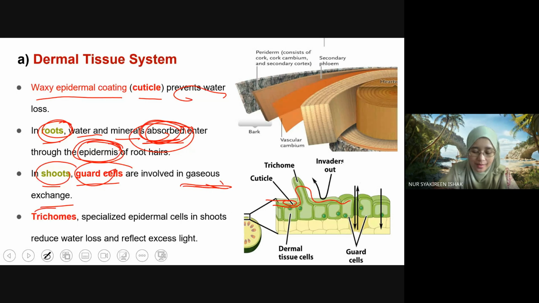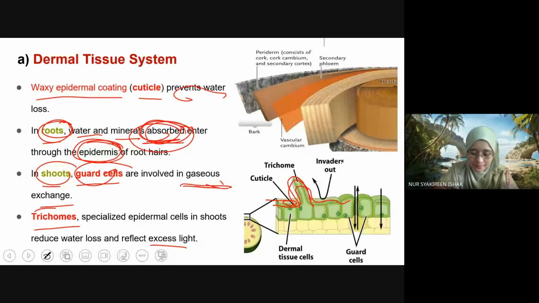Okay, and then trichomes, specialized epidermal cells in shoots, reduce water loss and reflect excessive light. So this is trichomes, kan. Dia macam modified shoots lah. So this is to reduce water loss and also reflect excessive light.